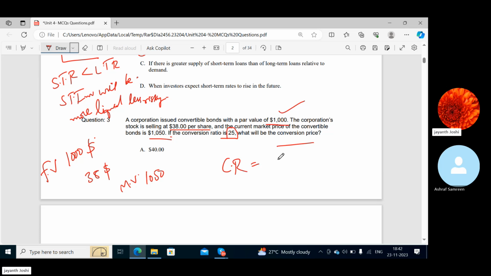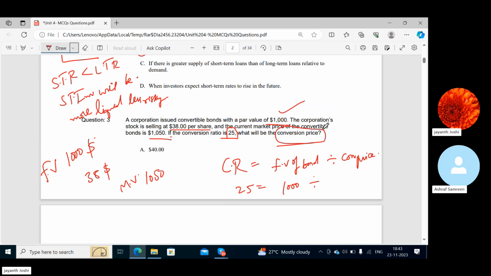So conversion ratio is equal to face value of bond divided by the conversion price. So the conversion ratio is 25, face value is $1,000 and the conversion price is how much? That is what we are supposed to find.